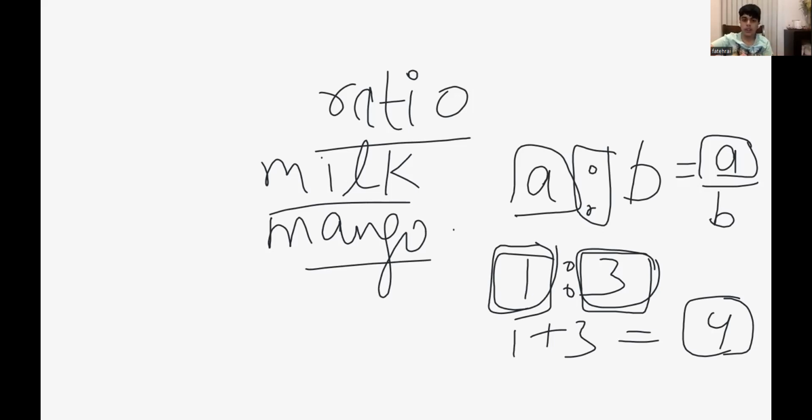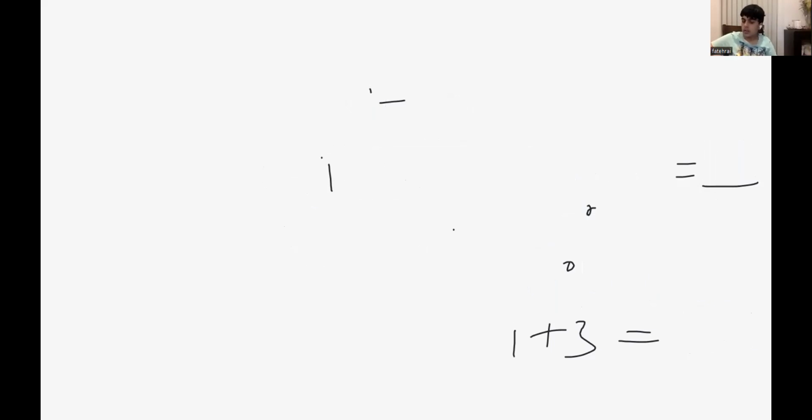If I want to know the total amount, you add them, but this is the total parts, not the total quantity. Let me give you one more example for clarity. There is a class, and I want to know the ratio of the boys to the girls.